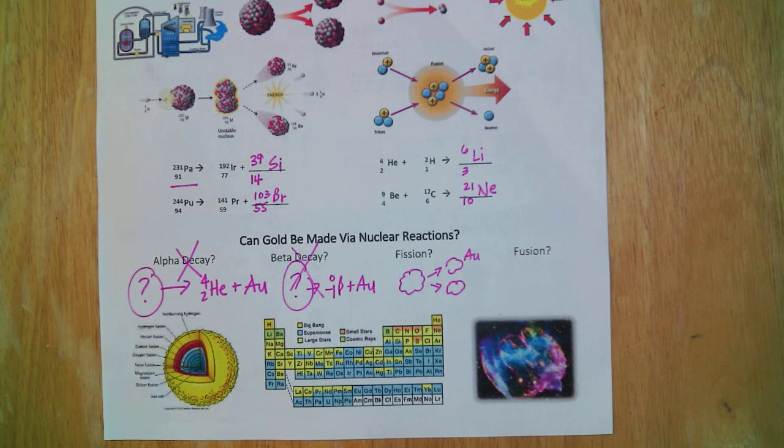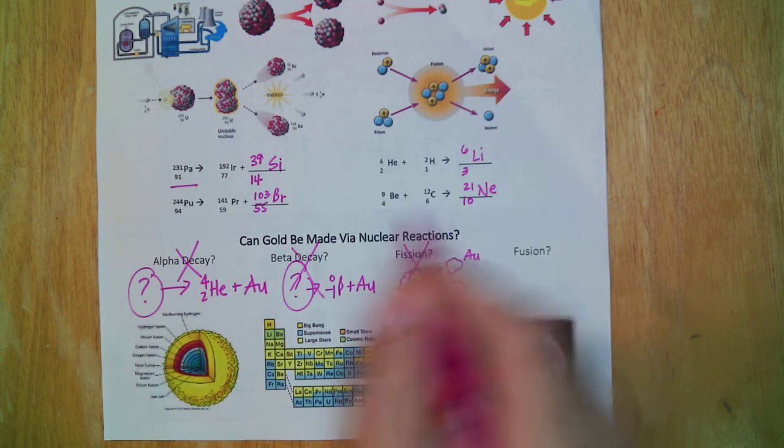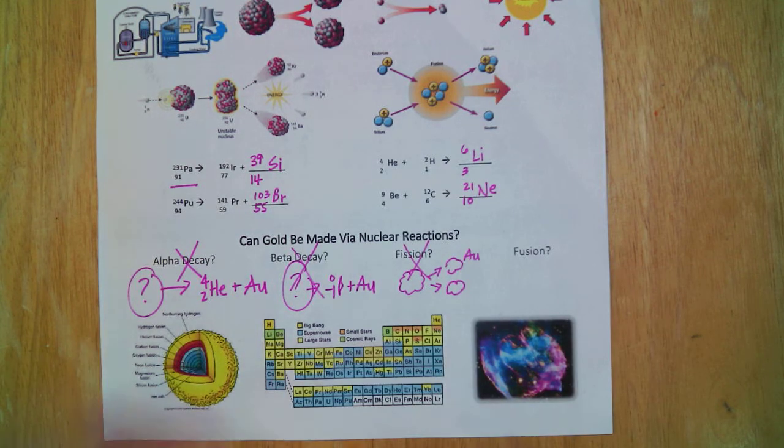And we talked about how fission is sort of random. When we split apart a nucleus, it splits in several different possible ways, so getting gold from that type of nuclear reaction is not feasible because you would never know which time is going to get you gold, and if you did get it, you weren't going to get that much of it.